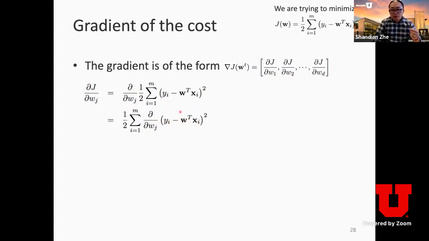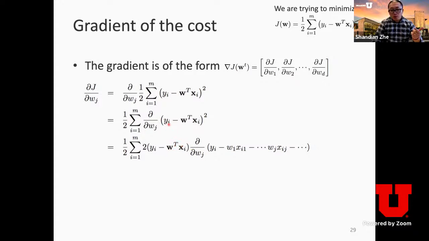We first take the gradient of this term squared, and then apply the chain rule. This is pretty straightforward. You just move the power in front of it and subtract 1 from the power. You get 2, and this error, yi subtracted by w transpose xi.